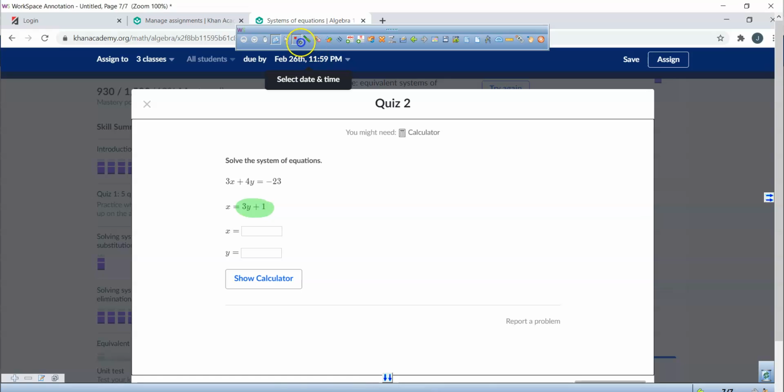Why? I don't know. All right, so we go 3 parentheses. What am I plugging in? 3y plus 1, plus 4y equals negative 23. So we're plugging it in. We're going to distribute.